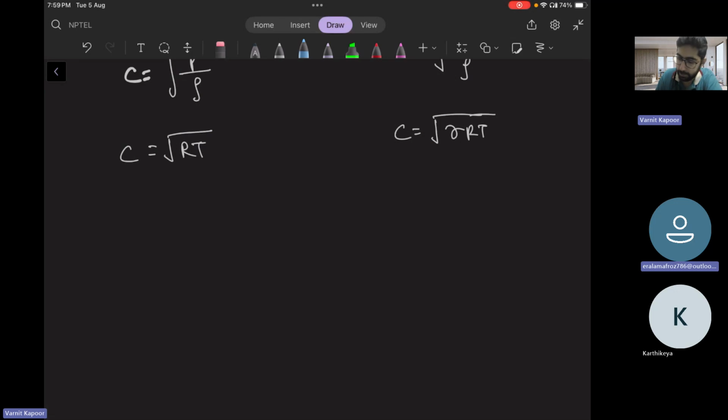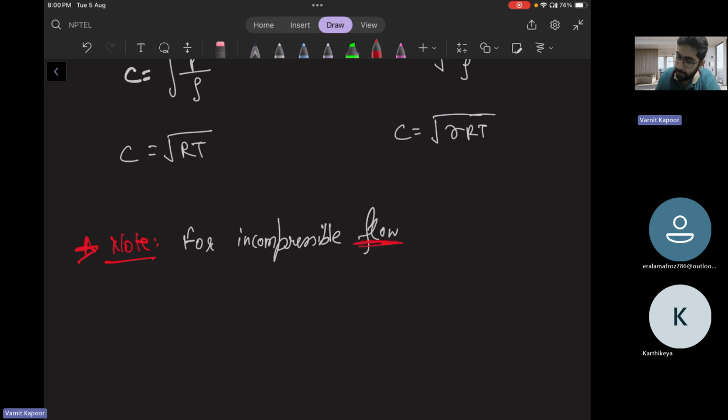Note, now I'm talking about flows, not fluid. For a flow, my change in the density with respect to initial density should be less than 5%.